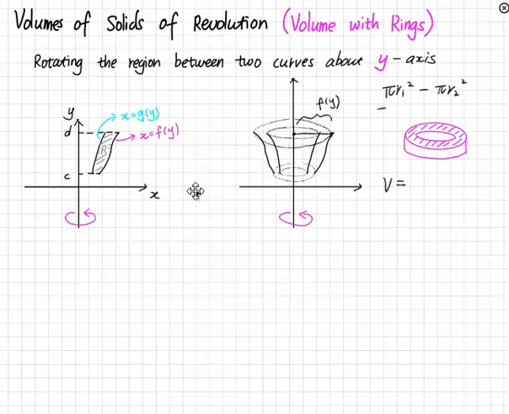So I can say it is pi, factorized out, r1 squared, which is f of y squared, minus the inner circle, whose radius starts from the same point to the left-hand side curve, represented by g of y. So minus g of y squared. That's the cross section.